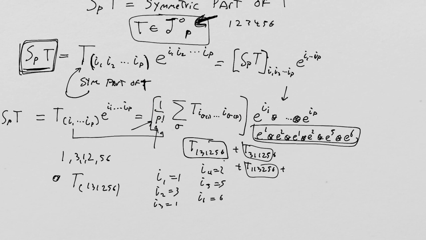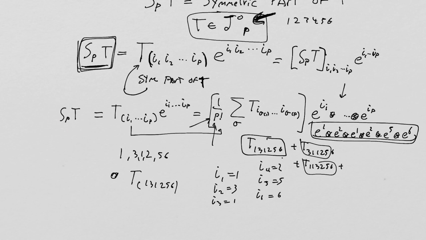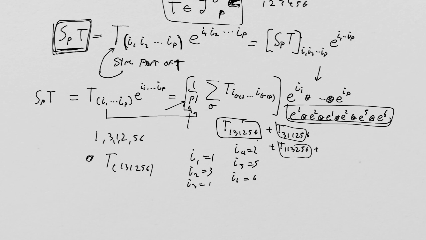And I do that for every index possible here, and I should end up with an expression for the symmetric part of T. What's going to happen is if all I do is take some permutation of this and put it here, the fact that I'm summing over every other possible permutation is going to return to me the exact same component for a different basis vector.